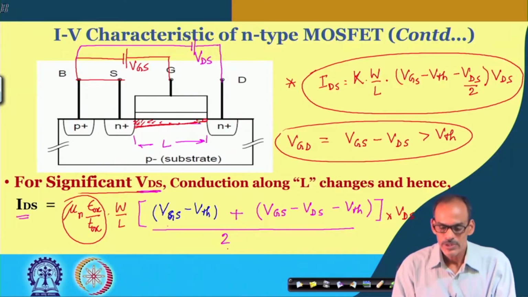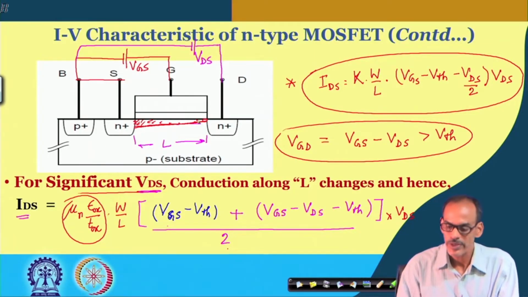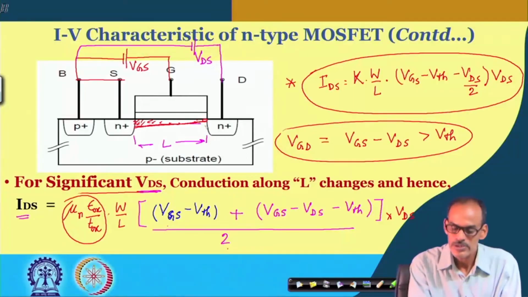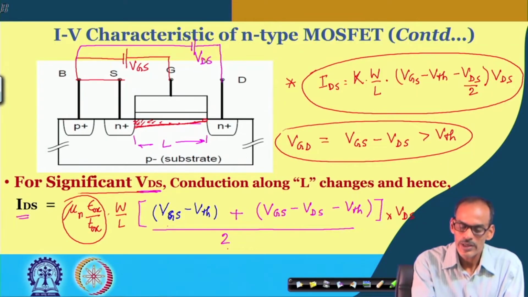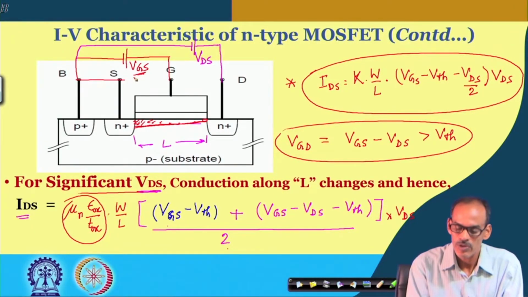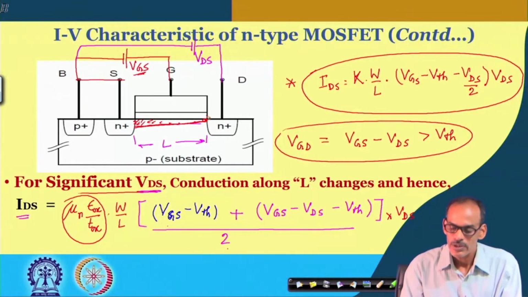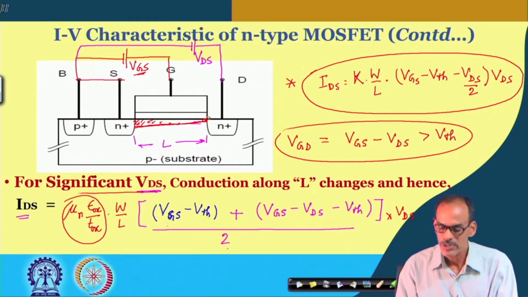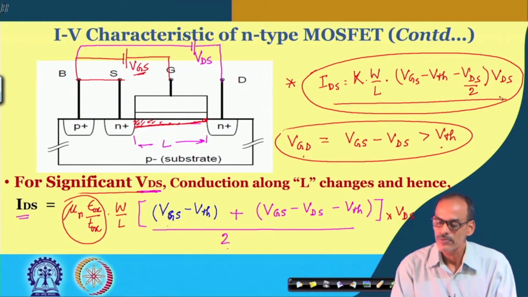Now, what happens in a critical situation when we keep making this voltage higher and higher, keeping VGS constant, such that the conductivity here approaches 0, which means that VGD is exactly equal to VTH, then what happens? In fact, till that point this equation is valid.